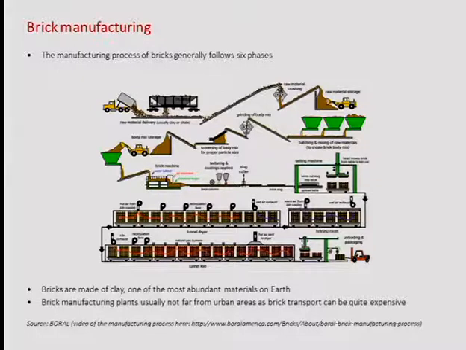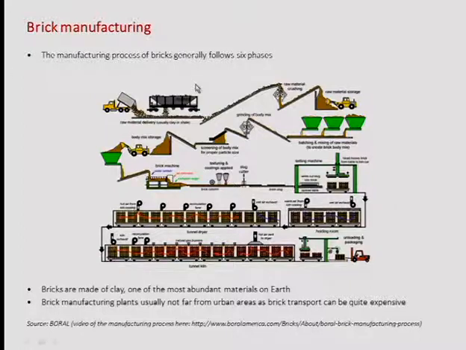So it's unlikely that you produce this in China and you transport it to Australia. You produce it locally. It's not like steel, glass, or other materials. I've never seen anyone importing bricks from Europe. They are too heavy. All right? So the companies doing that are generally very close to the cities.